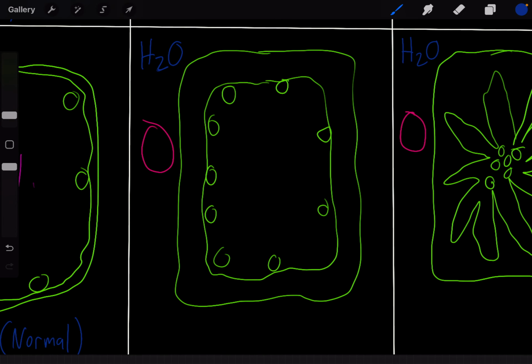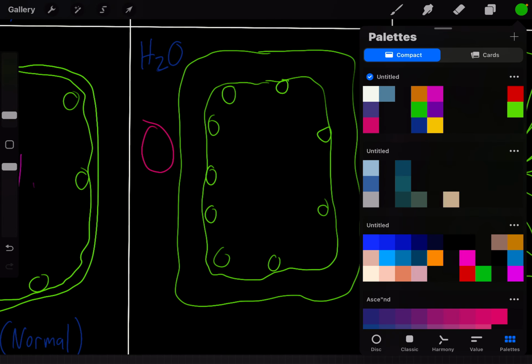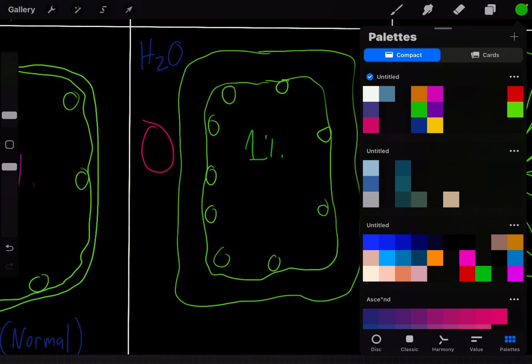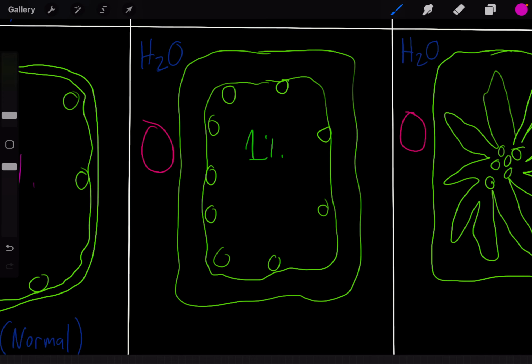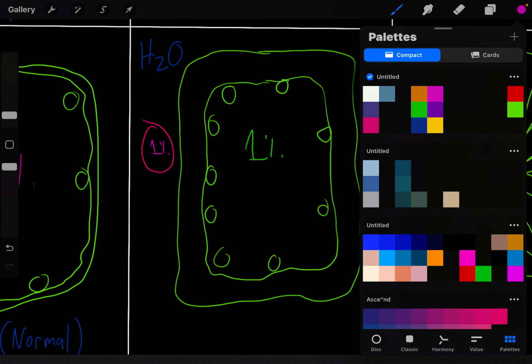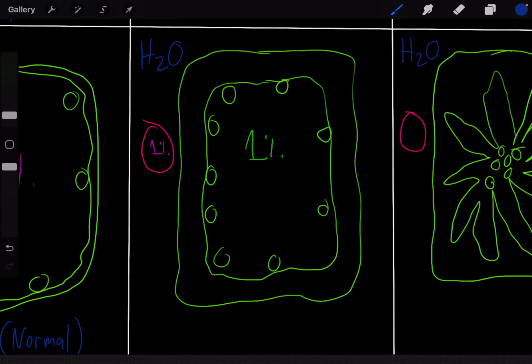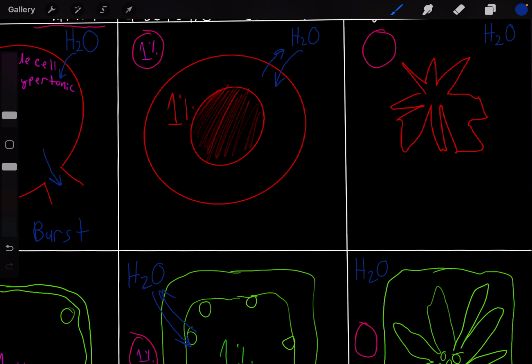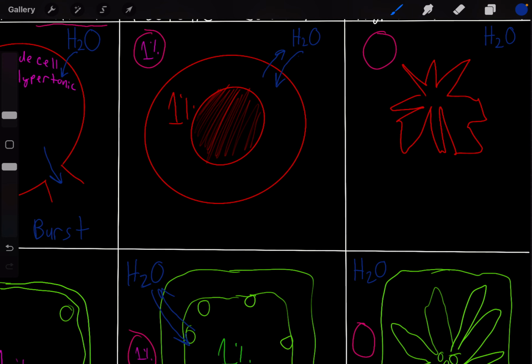Same thing for the plant cell. 1%, 1%. Water is going in and out. The name of this is just called normal.